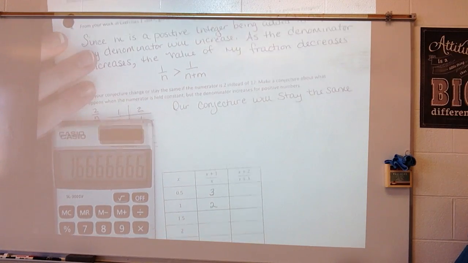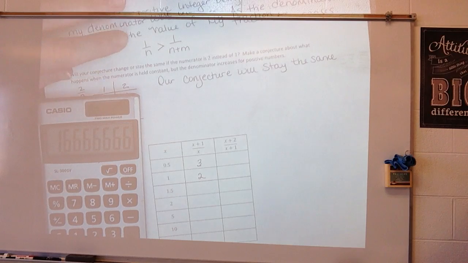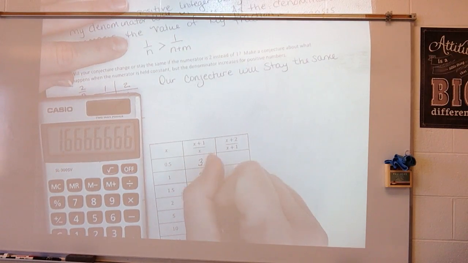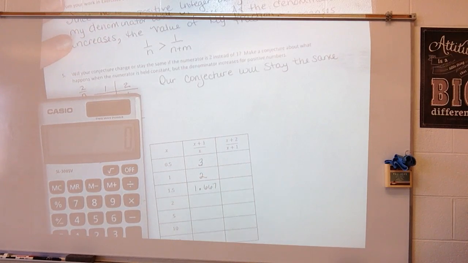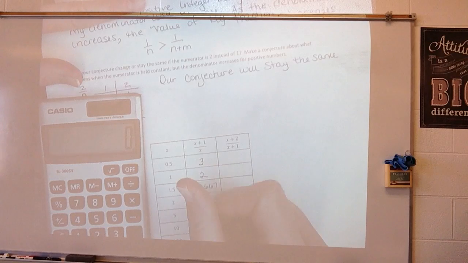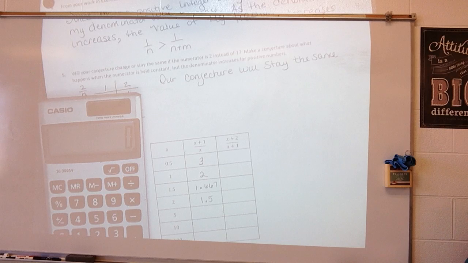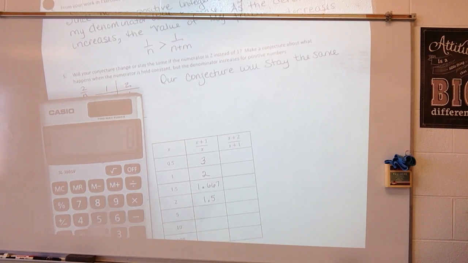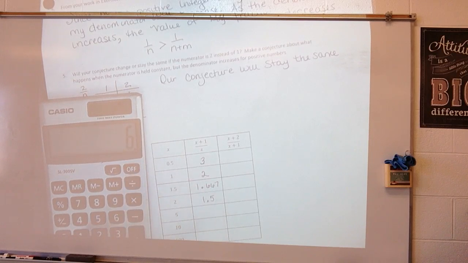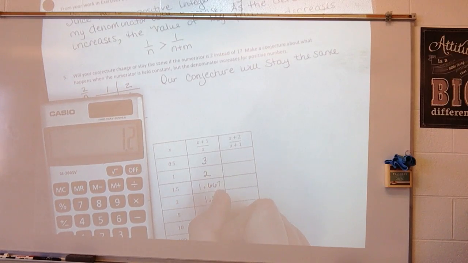Notice that gives me a repeating decimal. So we're going to say that it's 1.667. Okay, so 2 plus 1 is 3 divided by 2 is 3 halves, which is the same thing as 1 1/2. All right. So we have 5 plus 1 divided by 5 gives me 1 2/10.